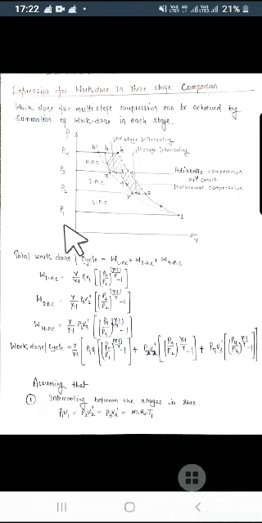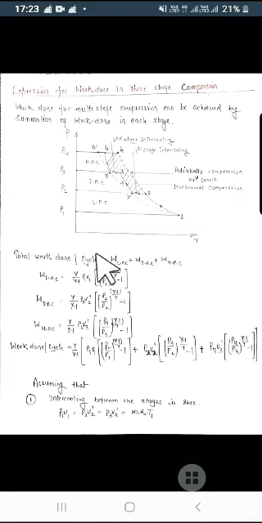So, the summation of work done in each stage will be equal to the total work done per cycle. So, total work done per cycle is equal to the work done in lower pressure cylinder plus work done in intermediate pressure cylinder plus work done in high pressure cylinder.